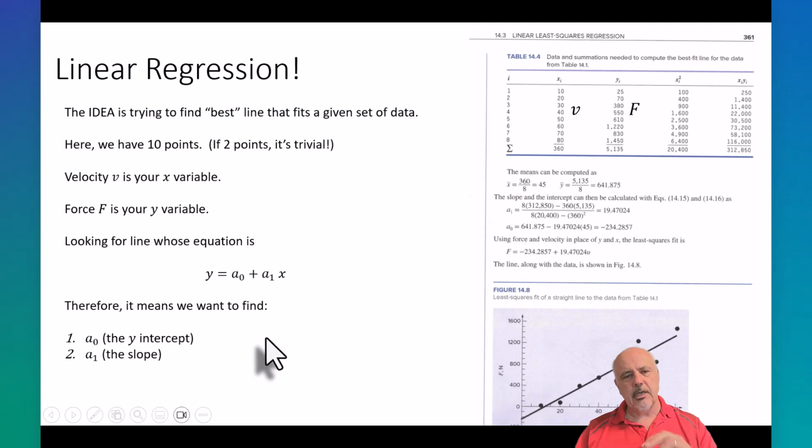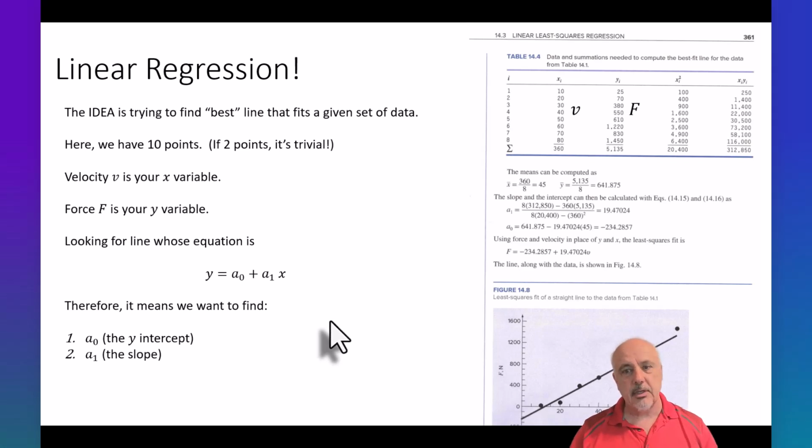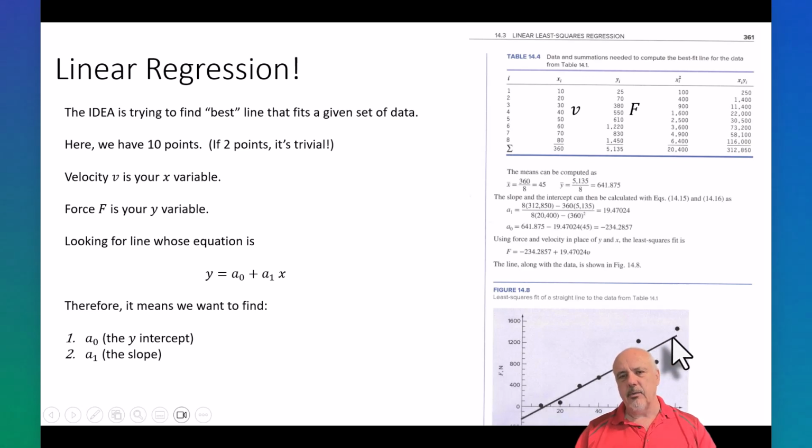So we want to find the best a naught and the best a1 that will go as best as possible through this data. So here's our data kind of spread out, and there's kind of how the line that we're going to find fits to it.